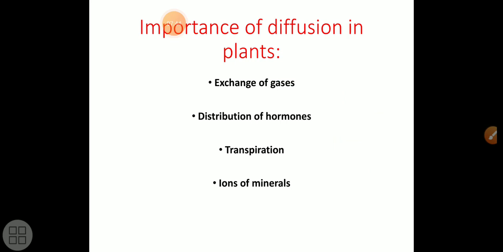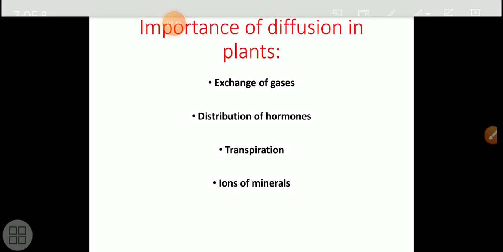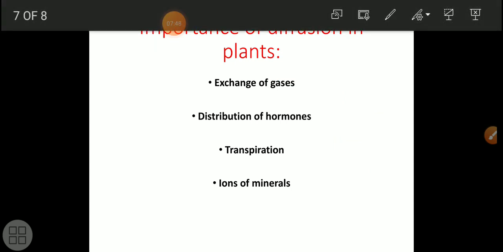Now, what is the importance of diffusion in a plant? That is most important, because we are only concerned with studying the mechanisms and processes of everything related to the plant. So the diffusion process helps the plant in the exchange of gases. We know that in the process of transpiration, loss of water vapor takes place through the stomata.